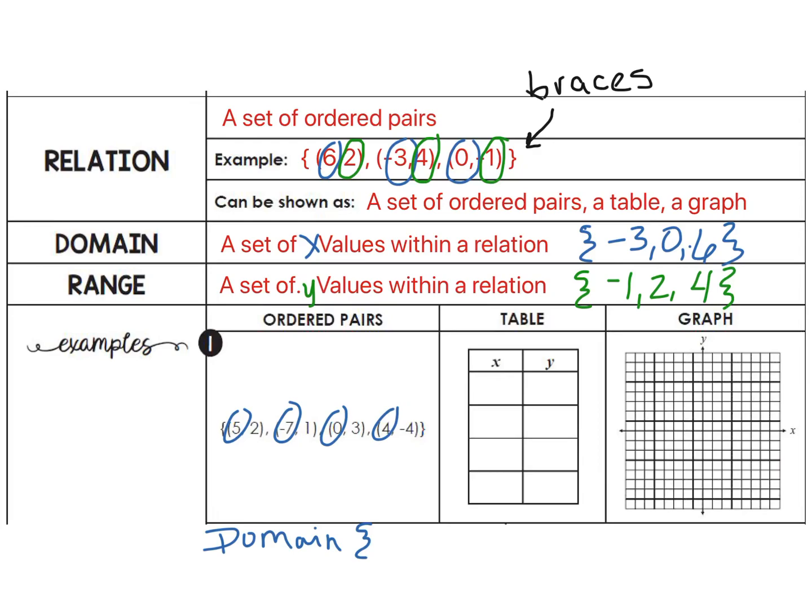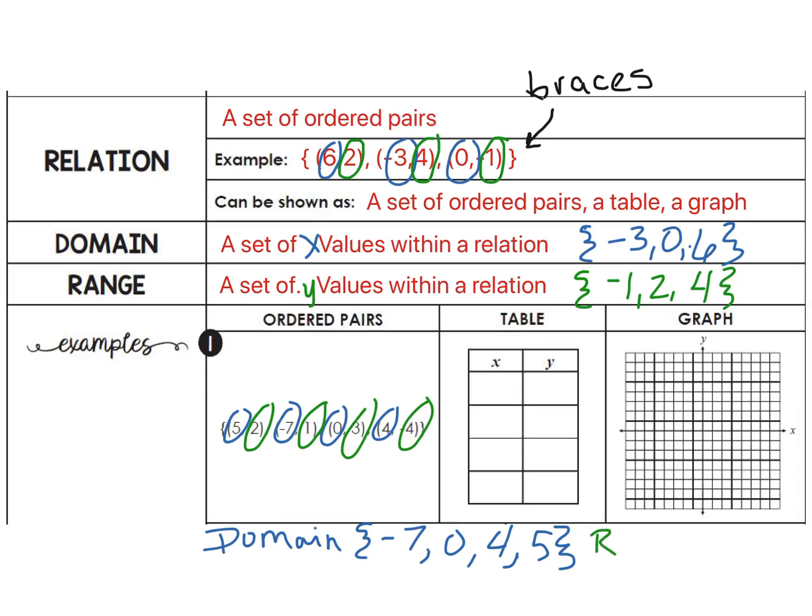So the smallest one is -7. Next is 0. Then I'm going to have 4 and 5. The range is going to be the y values. Circle all those in green, and that will be in numerical order again.